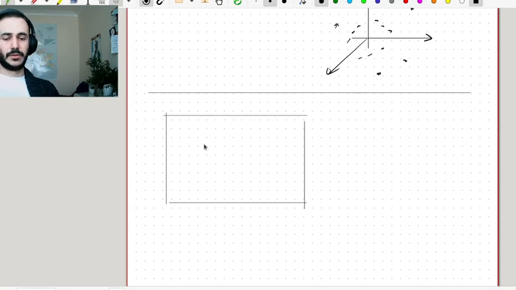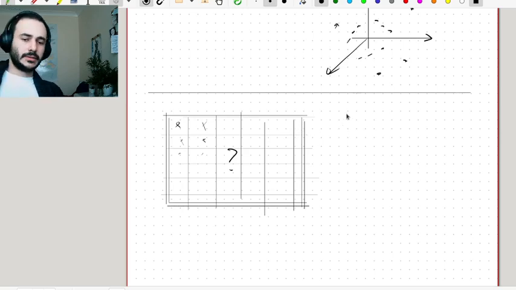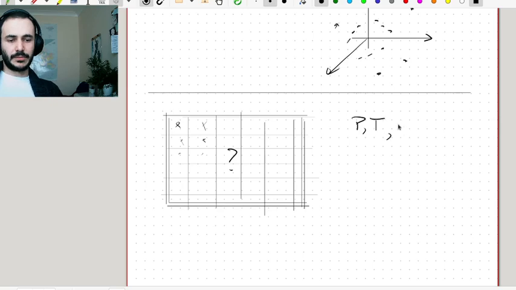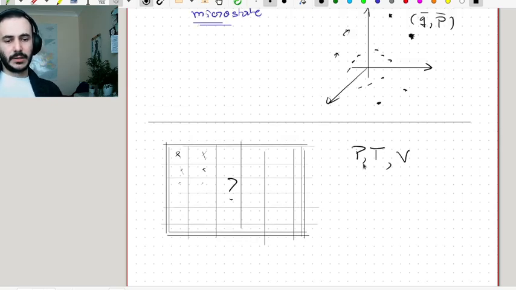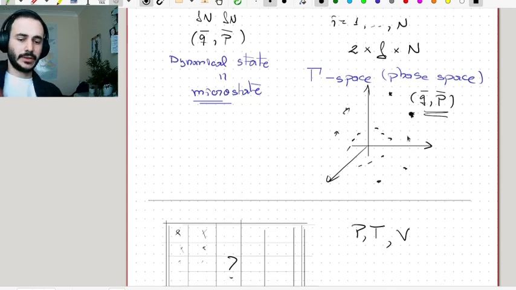So you have your system, you have no idea what's going on inside microscopically, and at best you might be able to measure some intensive properties if you break it down into a grid like this, and you measure, say, pressure and temperature in each of these little cubes of the grid. That way you get a field. So pressure, temperature, volume, things like that. But there's no way you are going to be able to ascertain what every single molecule is doing.